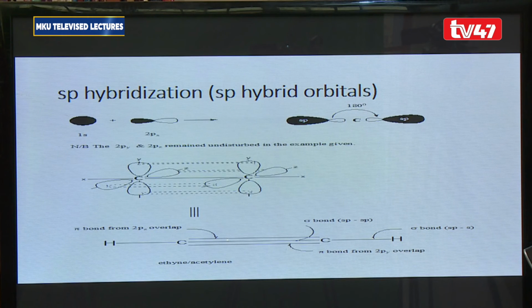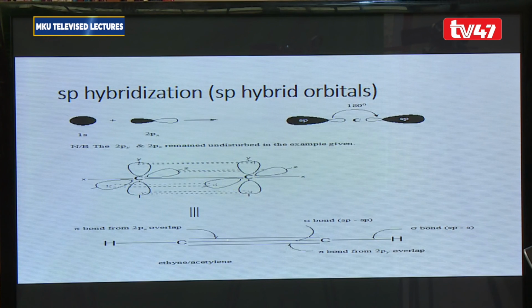So only one of the sp hybrid orbitals is involved either in joining the next carbon or joining any other element in a carbon-to-carbon single bond or a carbon-to-other-element single bond.